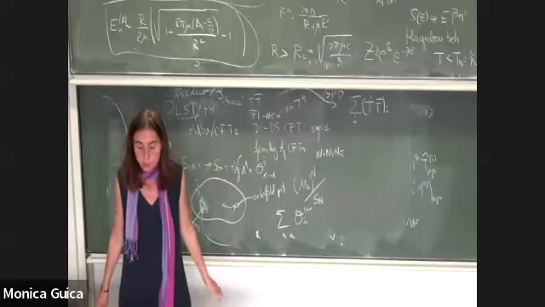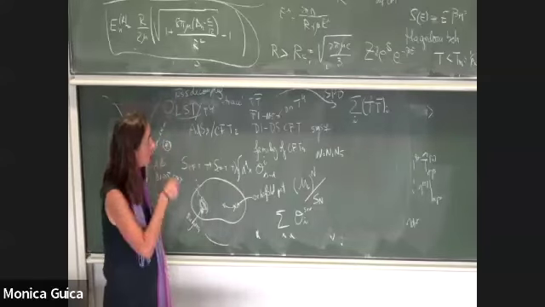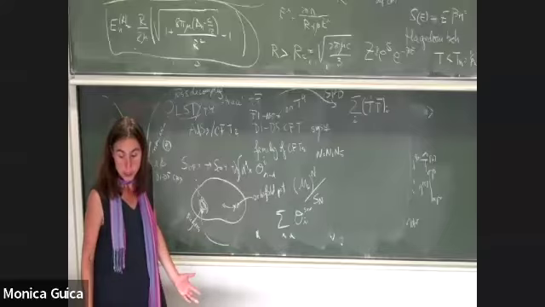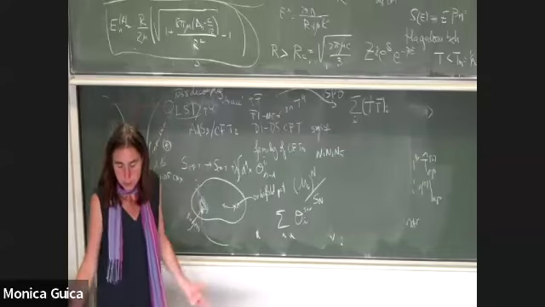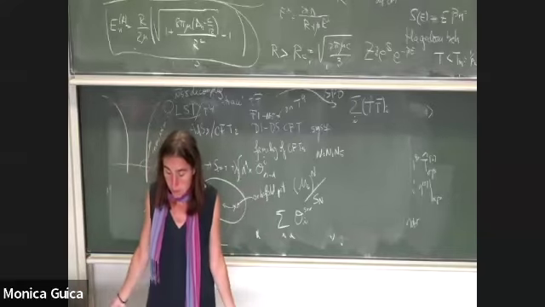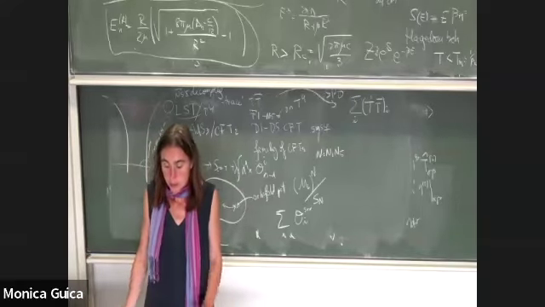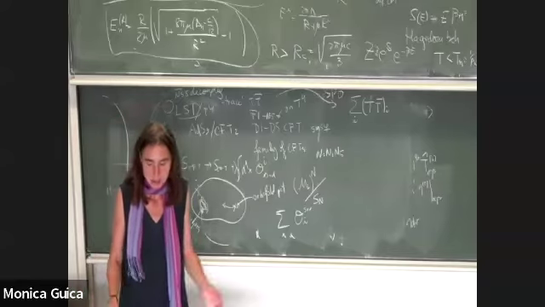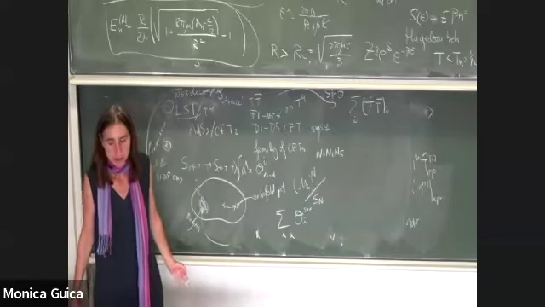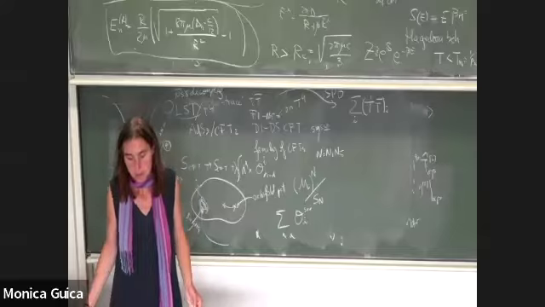Another thing that you can do, and this is what I did with my student, you can compute the asymptotic symmetries of this spacetime, which are supposed to tell you something about the symmetries of the dual theory. And one important thing is that the plague in non-AdS holography is the fact that you don't know what the boundary conditions are.